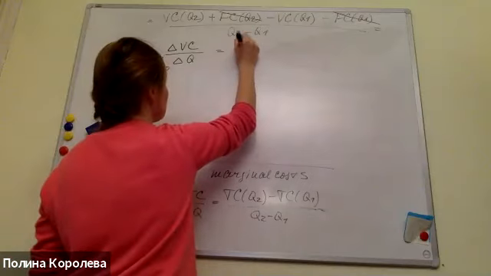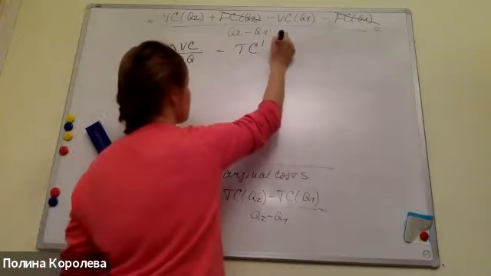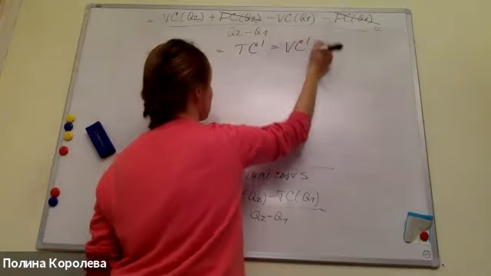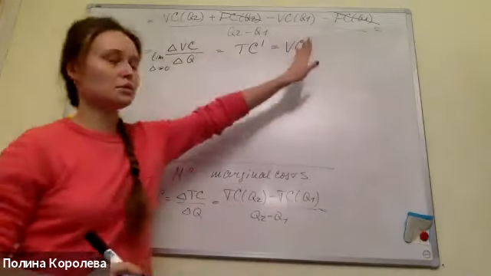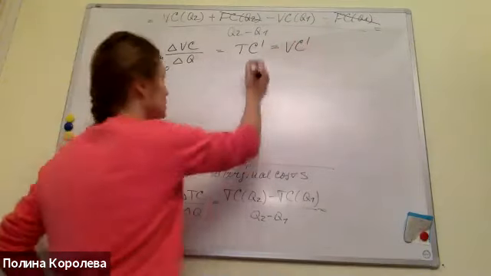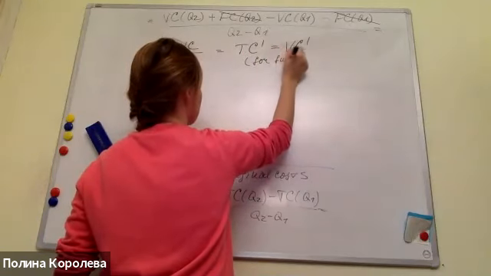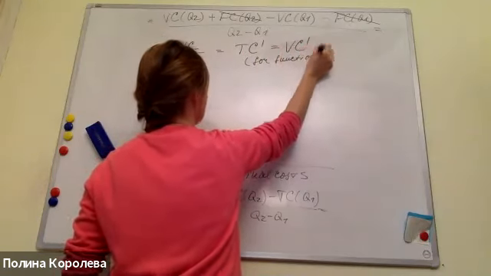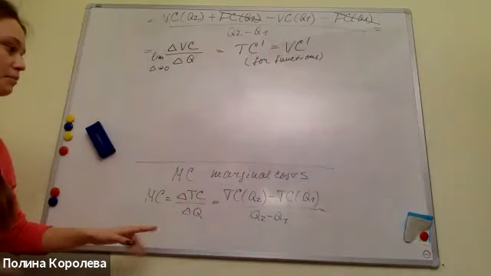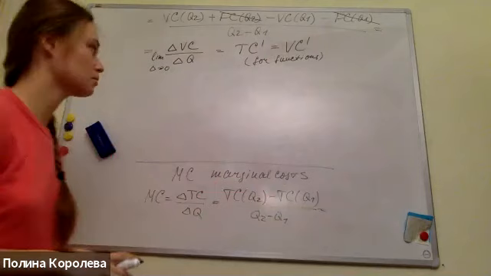So this will be total costs prime, the derivative of total costs, and the derivative of variable costs. You can count like this or like this. This is for functions, you use this formula. If you have a table, you use this formula, with changes, with deltas.